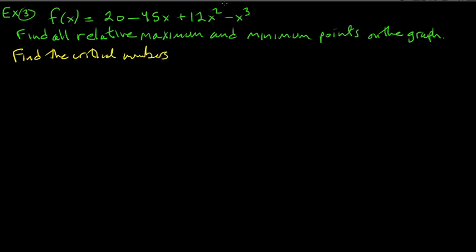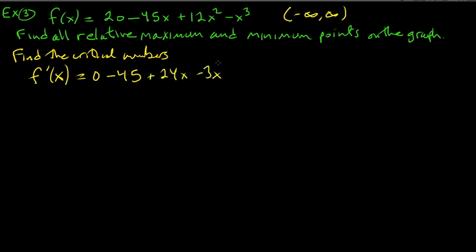Now this is a polynomial, so the domain is all real numbers. So we have to look for any critical number anywhere, not just on a specific interval. So find all the critical numbers. To do that, we take the derivative. And what do we get? We get 0 minus 45 plus 24x minus 3x squared.